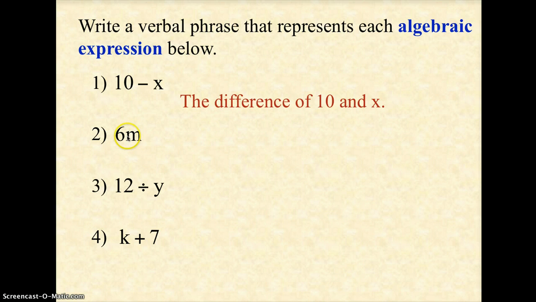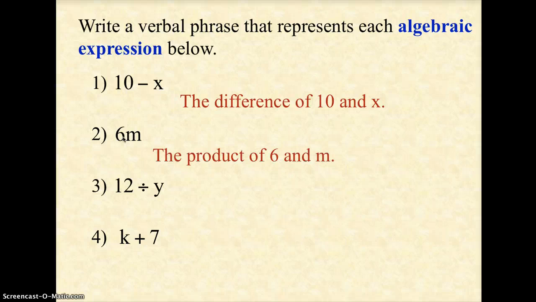If you don't see an operation symbol, it means it's multiplication. So you may write it as the product of 6 and m. You can also write 6 multiplied by m, or 6 times m.